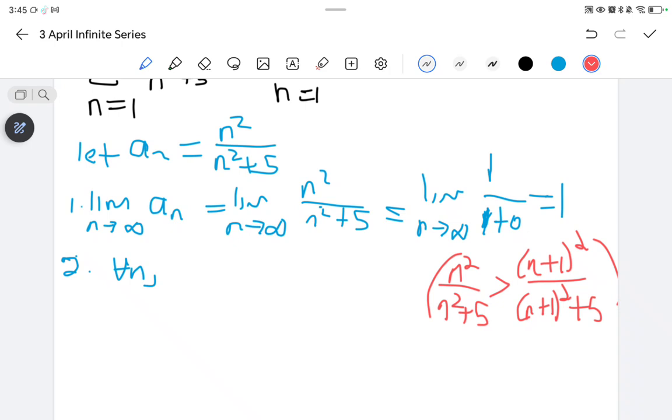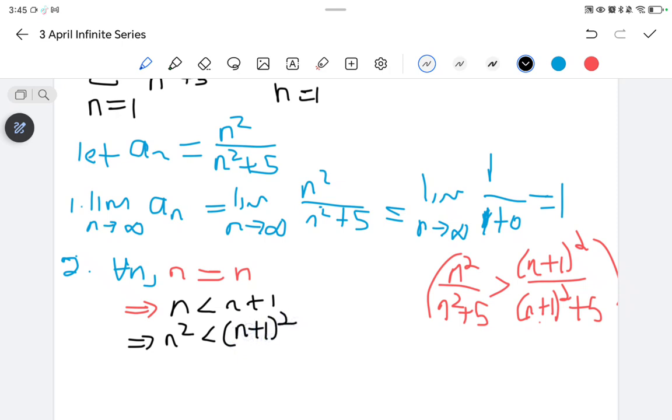So now I can say for all n, this would imply, let's look at the denominator. I always focus on the denominator. First, I have n inside the squared. So I can start with n less than n plus 1. Then I square both sides. I'll have n squared less than n plus 1 squared. I focus on this inside the denominator.